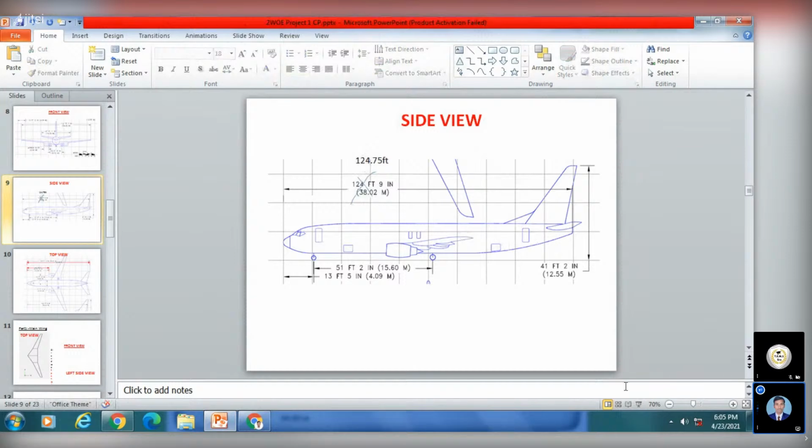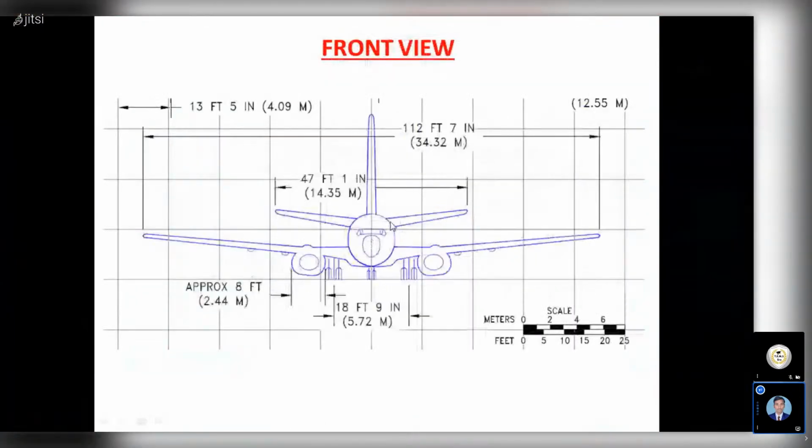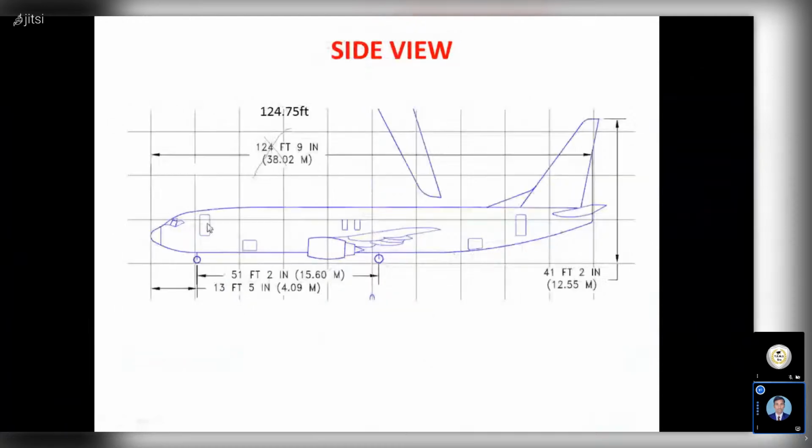And apart from this, I have given other parameters. The front view should look like this, and the fuselage side view should look like this.